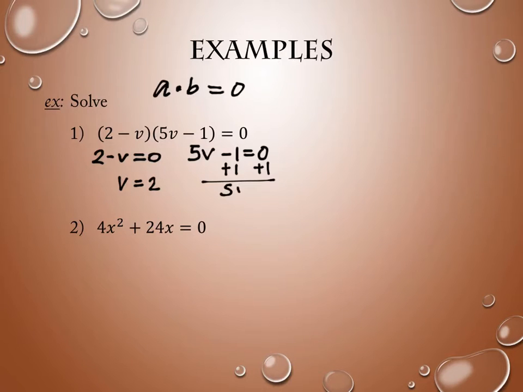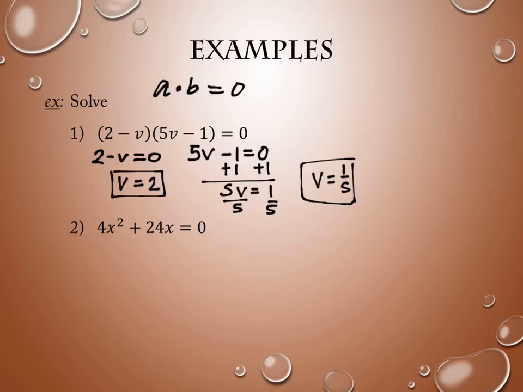But if I add the 1 and then I divide by 5, my second value for v is 1/5. Okay. Guys, shake your head if you remember us doing this. Yeah? Okay, good. It hasn't been that long, but it has been probably at least 2 weeks.